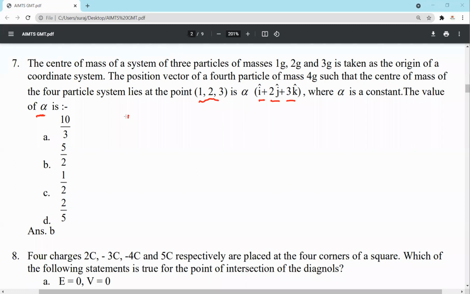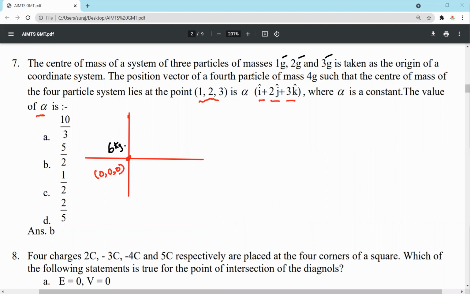So if I just draw the origin here, 3 masses are there and the center of mass is at this point. Origin, what is it? 0, 0, 0. That means how much mass is there? Total mass 3, 2, and 1 is 6 kg. Now what is given?